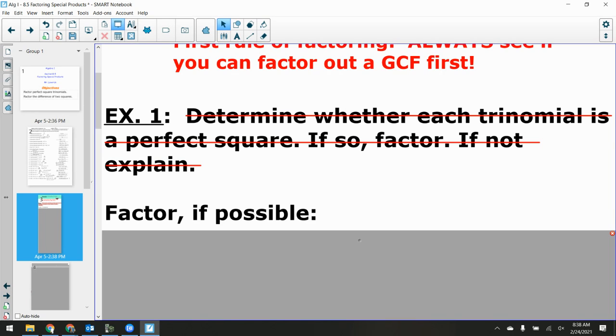And that last part of those directions, if possible, implies: are all of these going to be factorable? No. Now, I will say this. Pretty much every single one of them on the homework assignments and on the quizzes have been factorable. Now, we're going to start to say, okay, it may not be factorable.